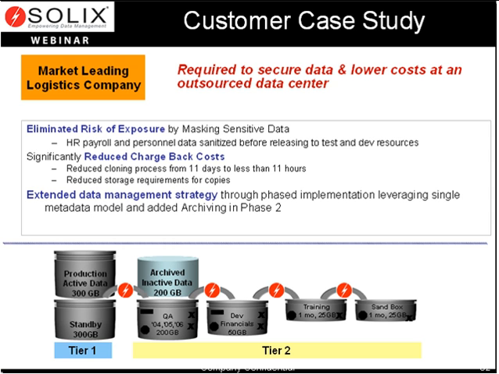They were also able to significantly reduce chargeback costs because by using an automated cloning method, they were able to reduce the process from 11 days to less than 11 hours, which is a significant reduction in people and manual hours charged to that process. In addition, they were able to reduce their storage requirements by more than 50% for the test and development copies. Now, because they've mapped the metadata for these particular applications in this environment, they extended their data management strategy through a phased implementation and added archiving as part of a phase 2.